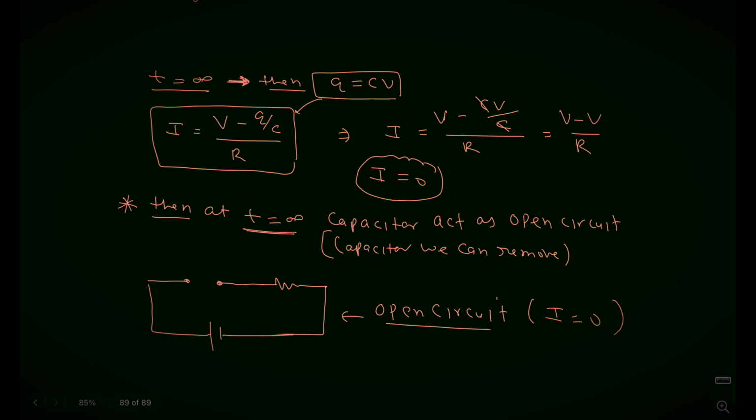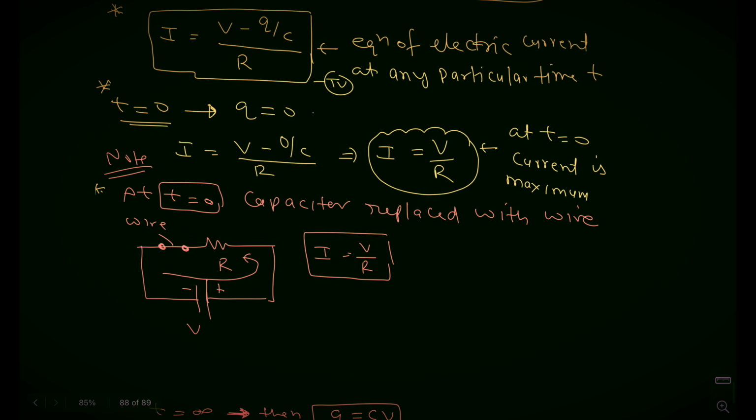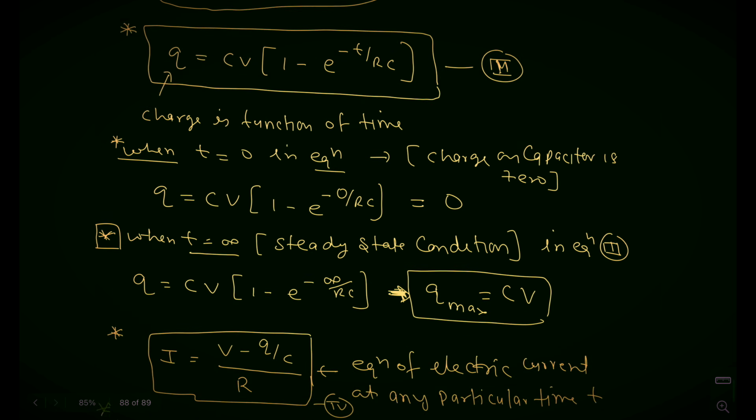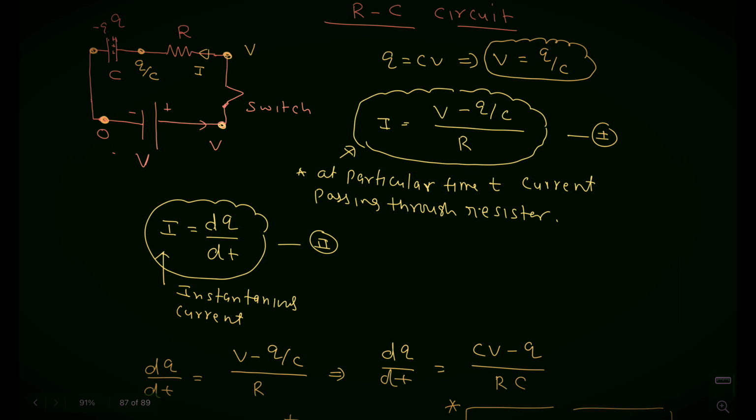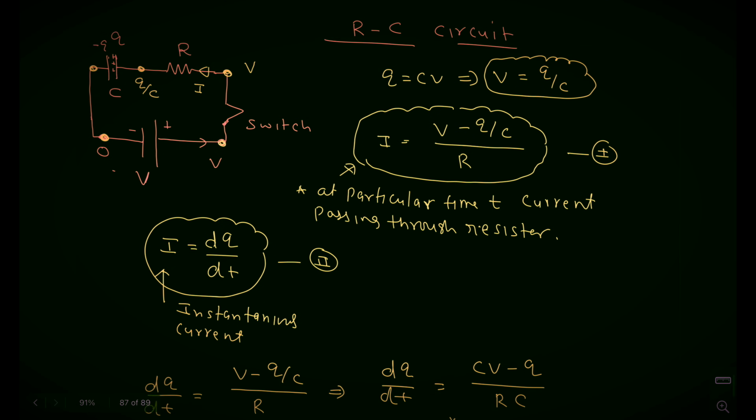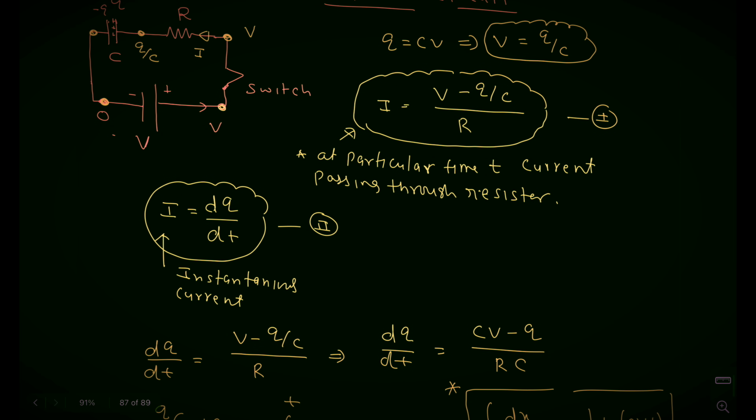Then one thing I will explain here. In the RC circuit, I already explained all things about this. The expression of the charge, this is the simple basic circuit diagram I will take here. This is the capacitor, resistor and switch, and this is connected with the battery. At t equal to 0, I am going to close the switch, then the current starts flowing in the circuit.